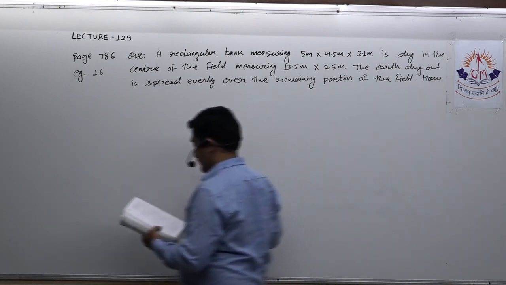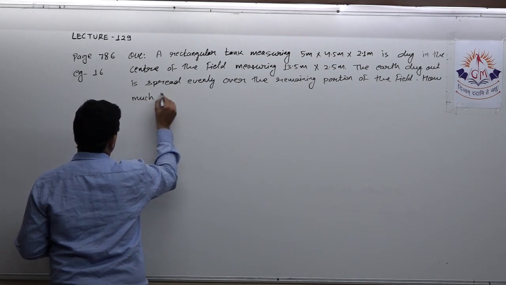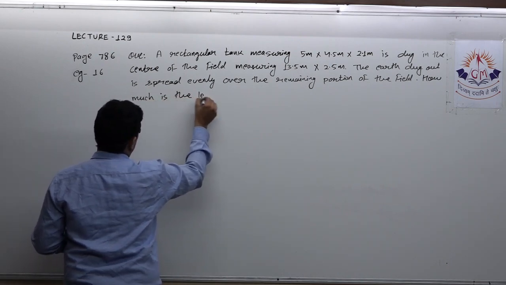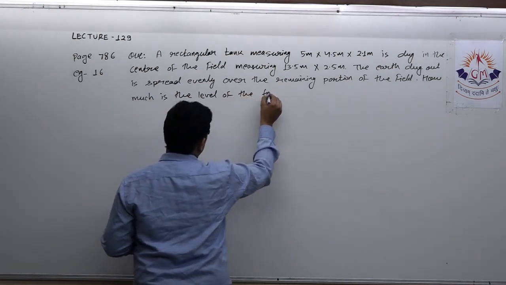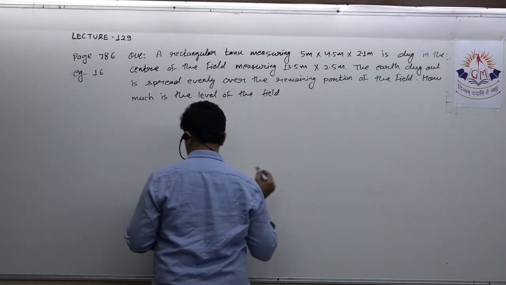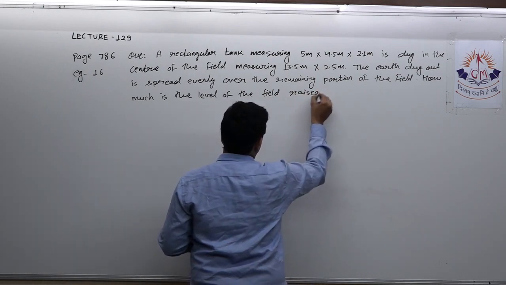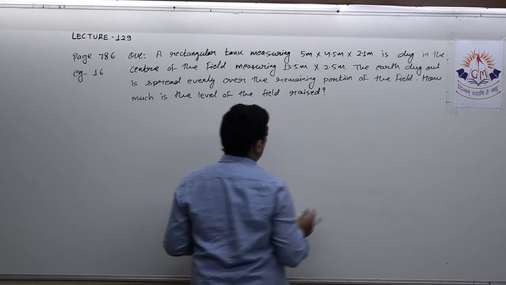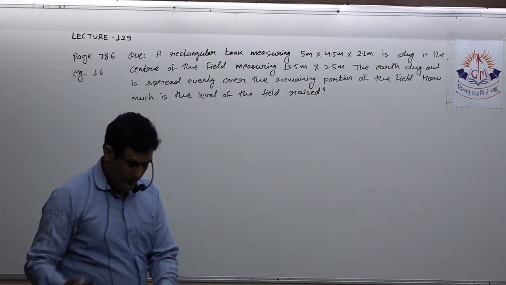How much is the level of the field raised? How much portion, how much level of the field is raised?